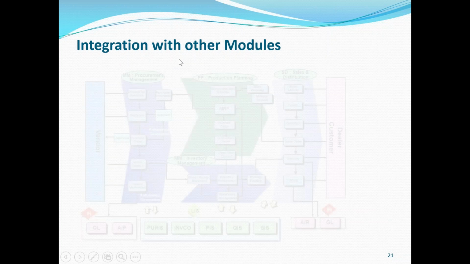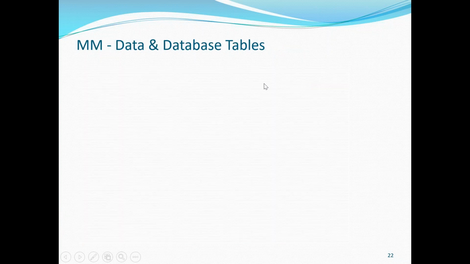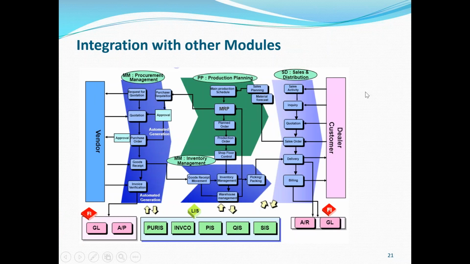Another important aspect is integration with other modules. We will be discussing the integration of MM with PP, MM with SD, MM with FICO, and MM with WM or EWM.